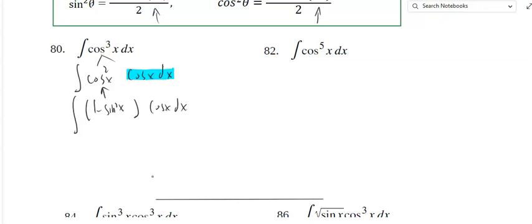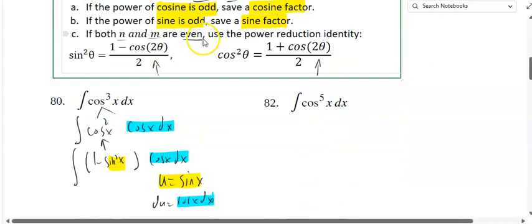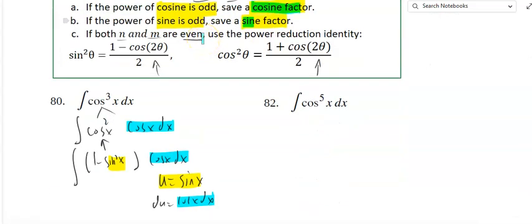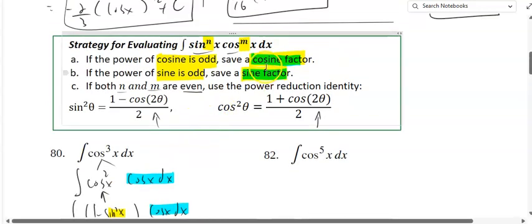That's this. And if I let u equal the sine of x, obviously the derivative of sine is the cosine. So basically, this is my du. That's always how it works. Whenever they say save a factor, automatically they're telling you what to do. Make that the du. And of course, what do you take a derivative of to get cosine?